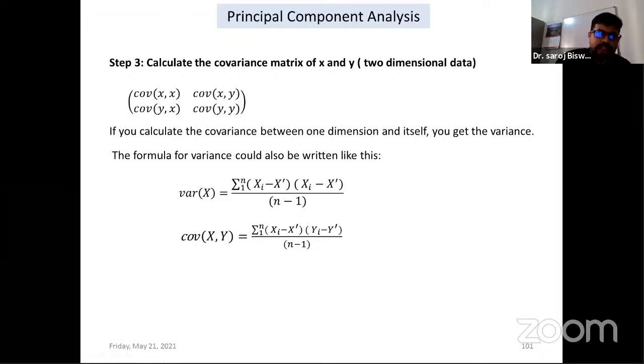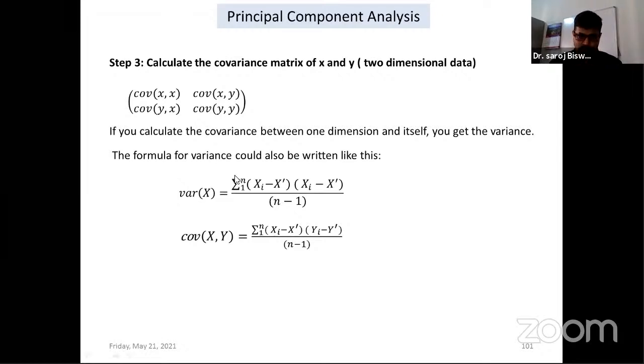Now, if we calculate the covariance between one dimension and itself, one dimension meaning x and itself, in this case the covariance is called variance, right? The formula for the variance and covariance is given here. If you find the variance, that is the covariance of x, because we have only a single vector there.